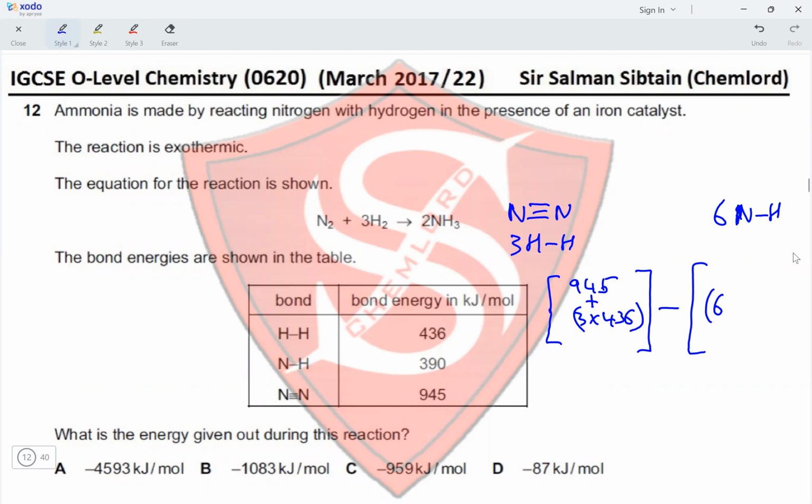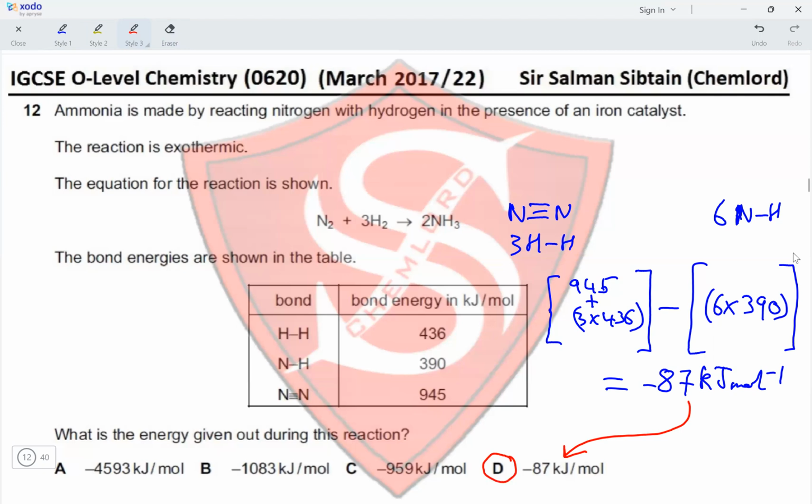So that would be 6 into 390. So when we perform this calculation, we obtain a final value of minus 87 kilojoules per mole, which makes option D the correct option for this question.